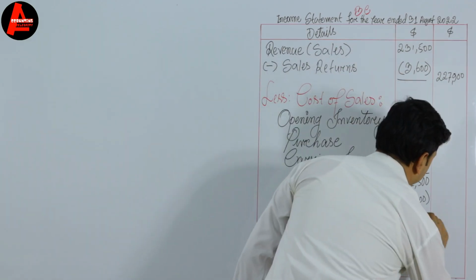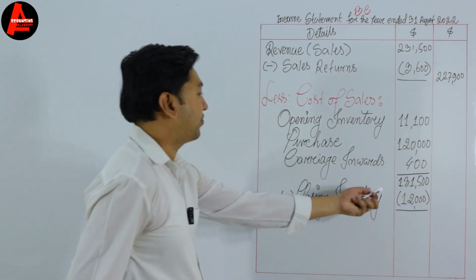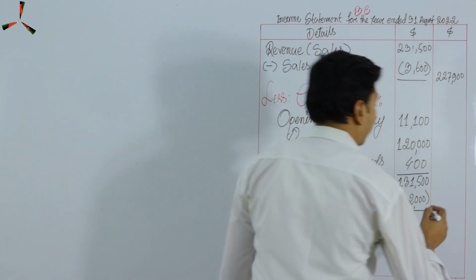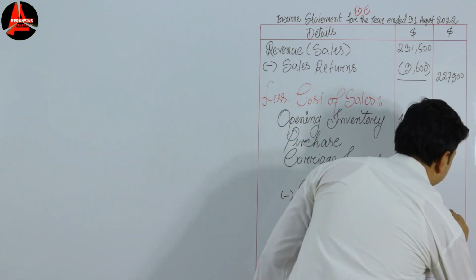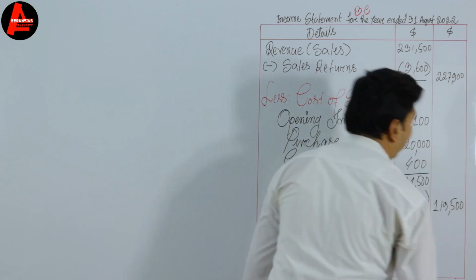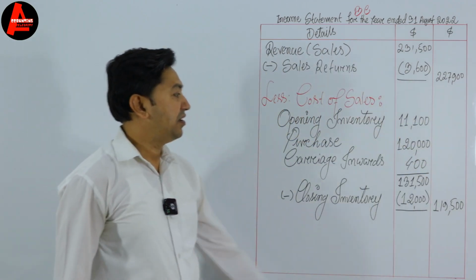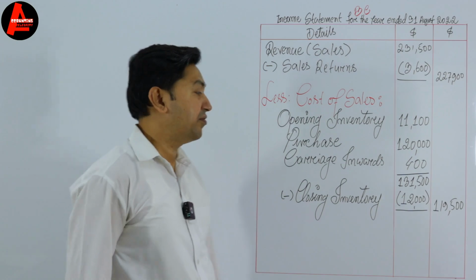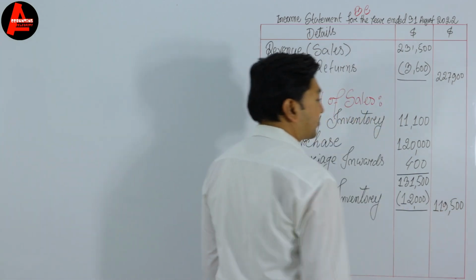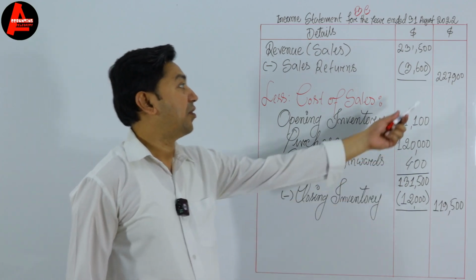If we subtract this amount from $131,500, we get $119,500. So this is our cost of sales. Now what to do? Now we will subtract this cost of sales from the revenue.